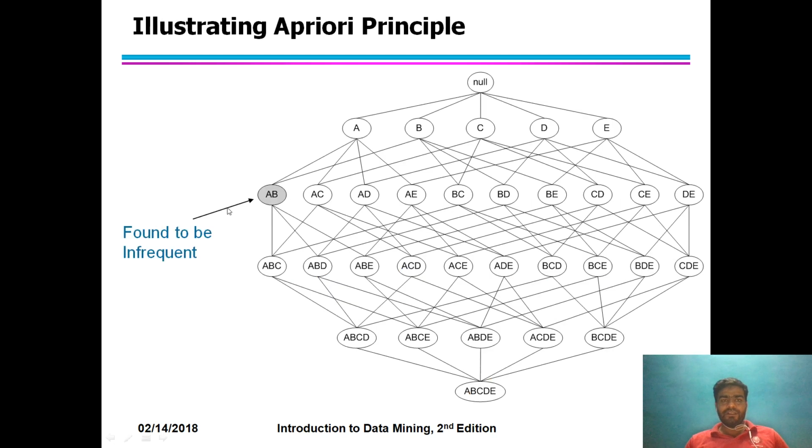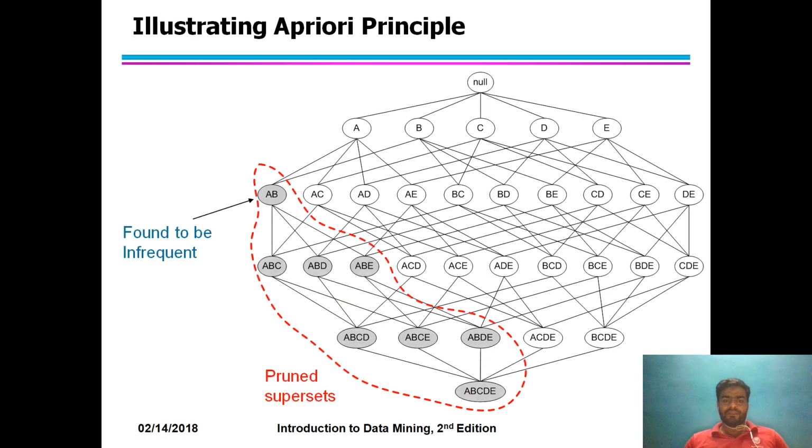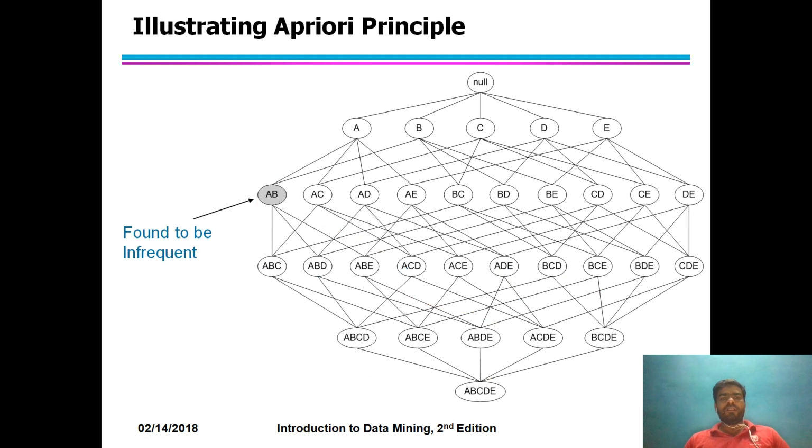Now let us see an example to illustrate the a priori principle. Initially there is a root node, null. A, B, C, D, E are the 5 items. A may be milk, B may be diaper, C may be beer, D may be coke, and E may be eggs.